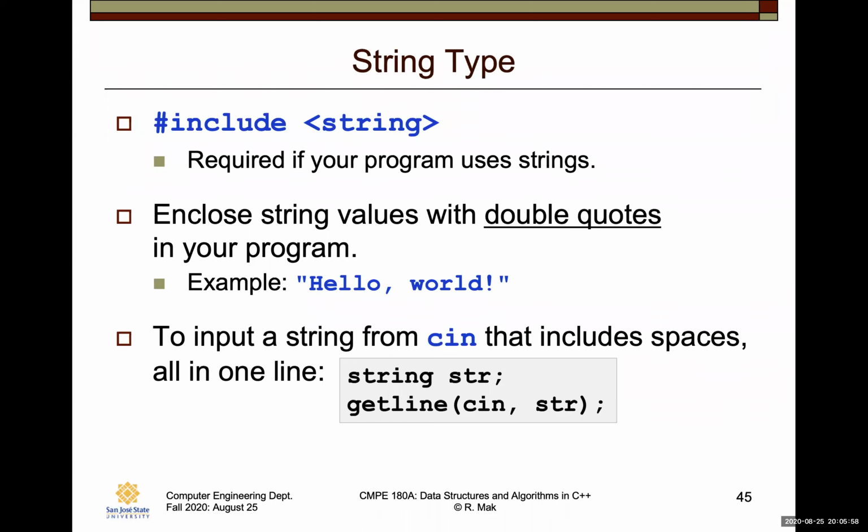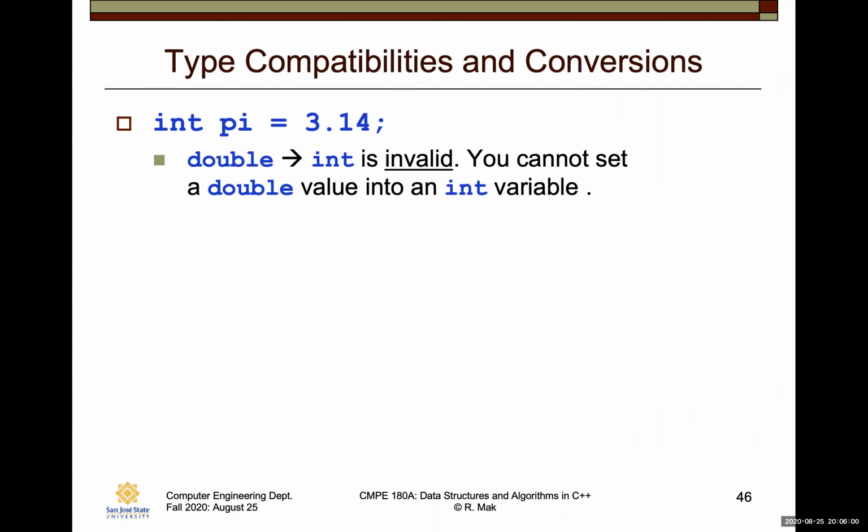All right, well, let's see. Type compatibility and conversions. This statement is invalid. Why? Because we've said that pi is an integer variable, and we're trying to assign to it a number that is not an integer. This is actually a double.